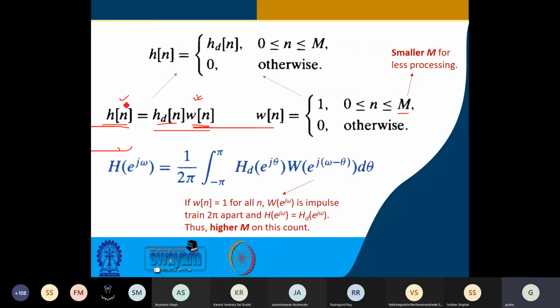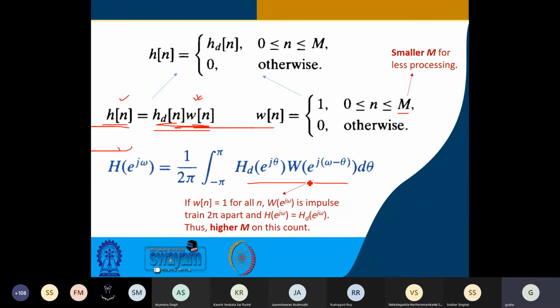So what would be the modified or actual filter response? Since it is multiplication in the time domain, the actual filter response will be obtained by convolution in the frequency domain. Okay.